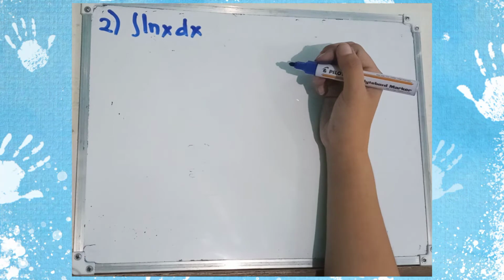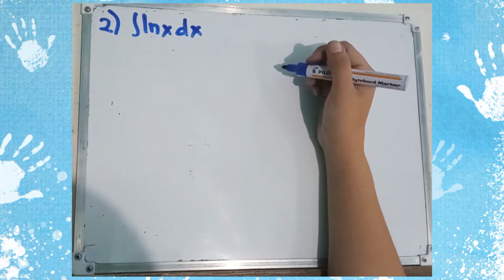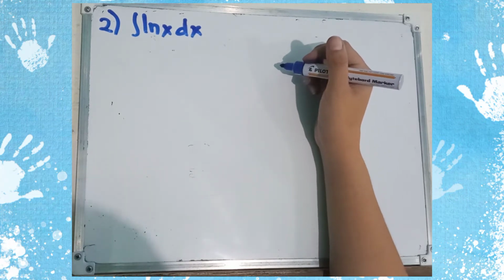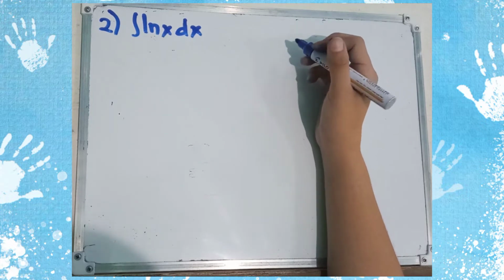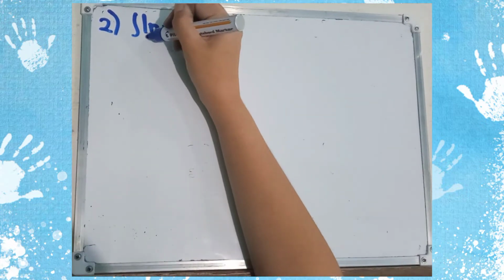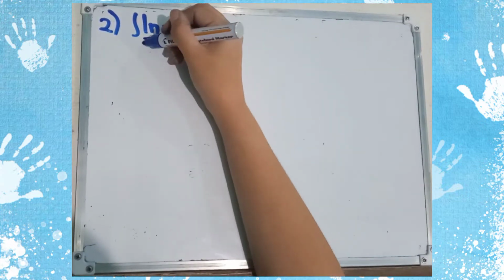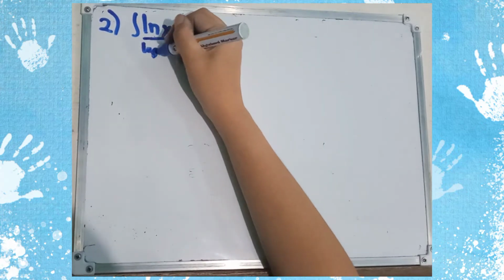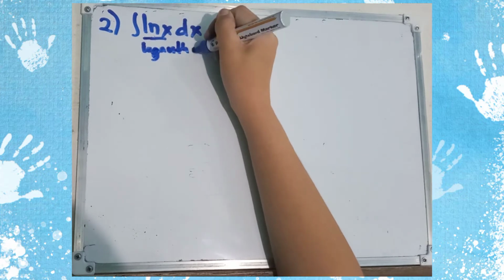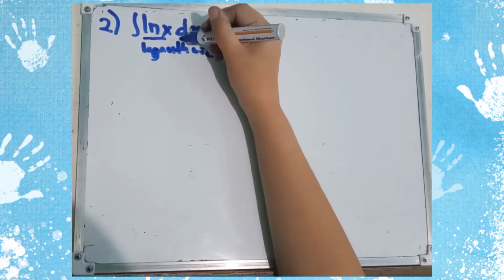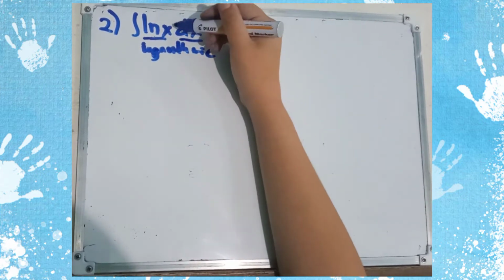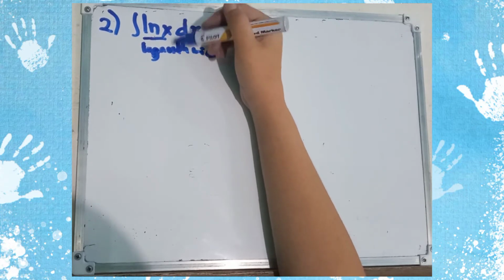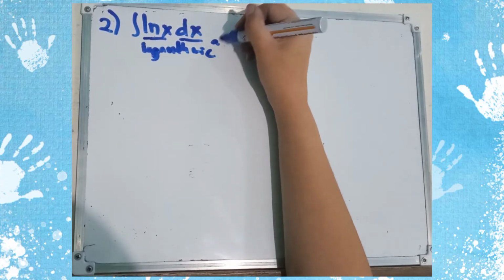For our next example, we have the integral of ln x dx. This is very easy. Ln x, that is logarithmic, right? And dx, we know that there is a 1, so that is algebraic.